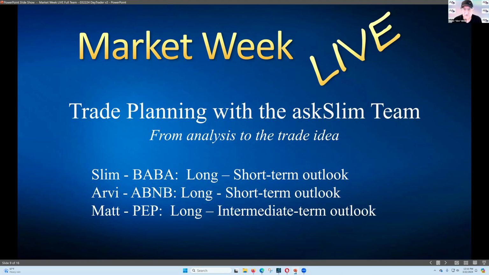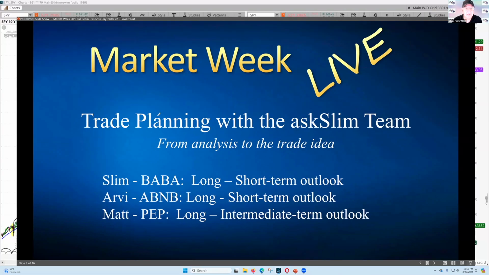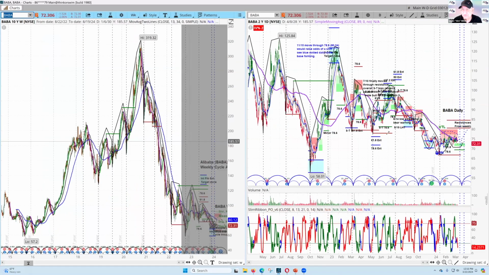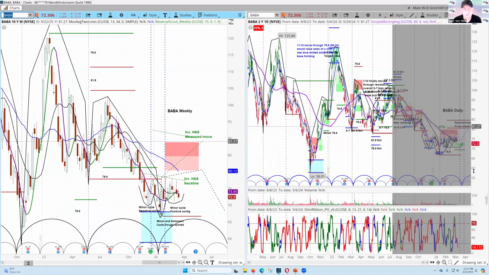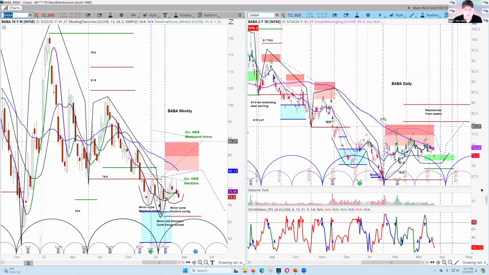I'm going to be the first one to go at the Alibaba chart. So this is a very interesting chart right over here, because you could see on the left is the weekly cycle analysis, on the right is the daily cycle analysis.